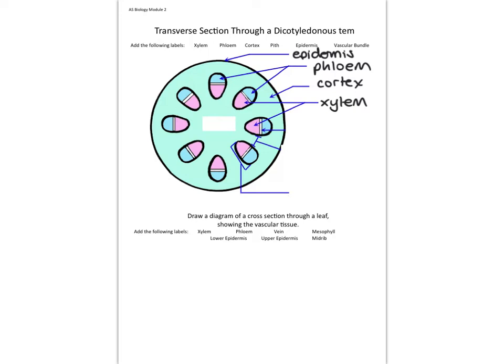And in the middle, this is called the pith. And one of these things here is called a vascular bundle.